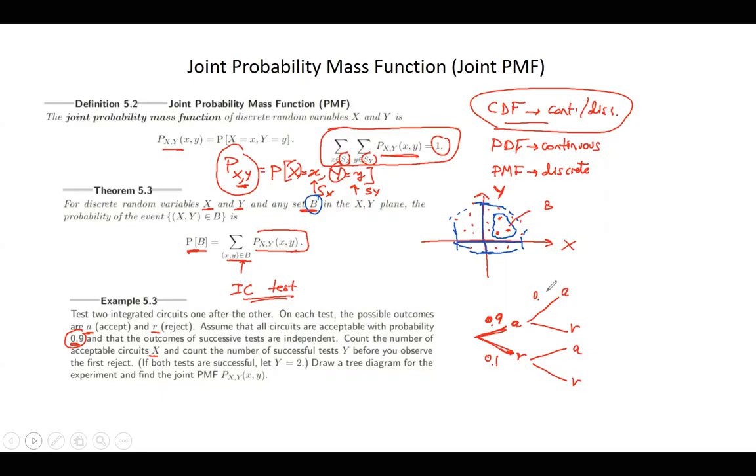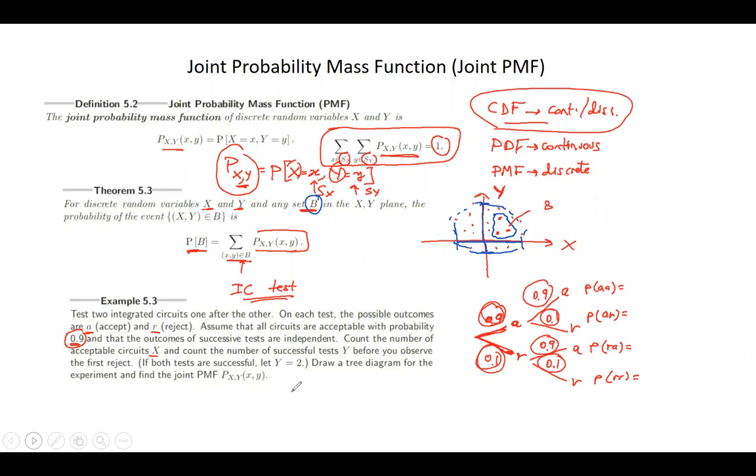Again, this is going to be 0.9, 0.1, 0.9, 0.1. So we can determine probability of AA as multiplication of this and this, probability of AR, probability of RA, and probability of RR. These are known from previous examples, as you might remember. Multiplication of this 2 and this 2 and then this 2. We can calculate this.